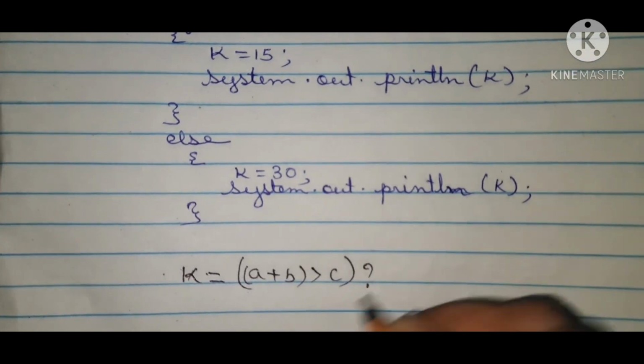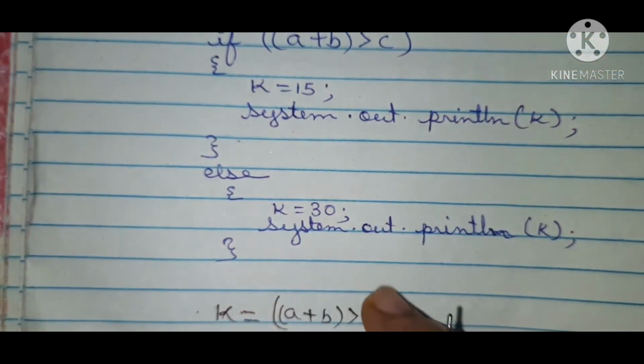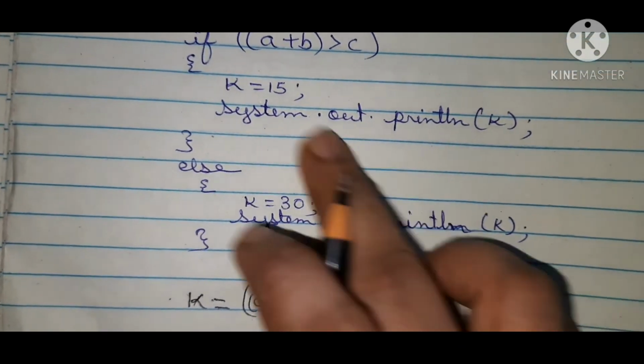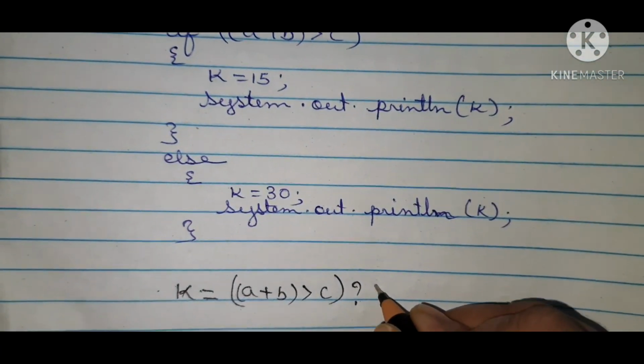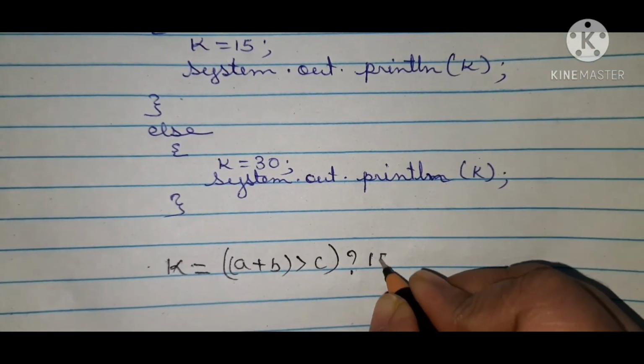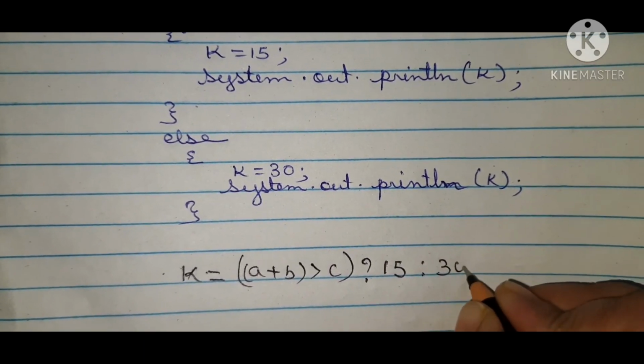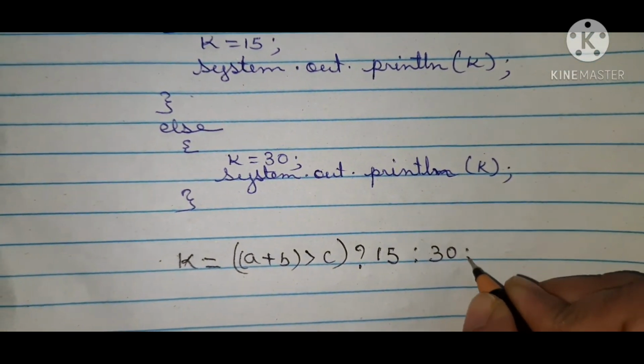Then we'll give the question mark and the values, because giving the same output twice is not necessary. First we'll write: if the condition is true, then it will be 15, and if the condition is false, then it will take the value 30.